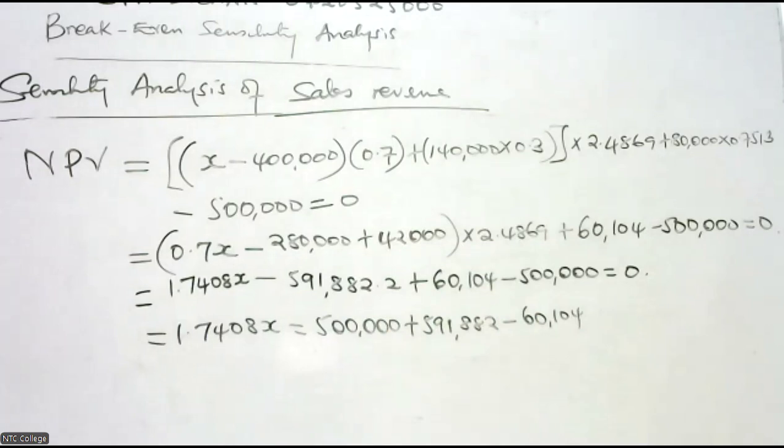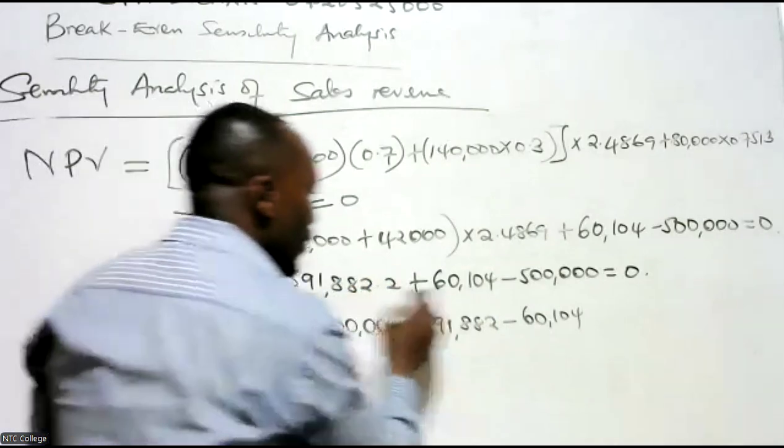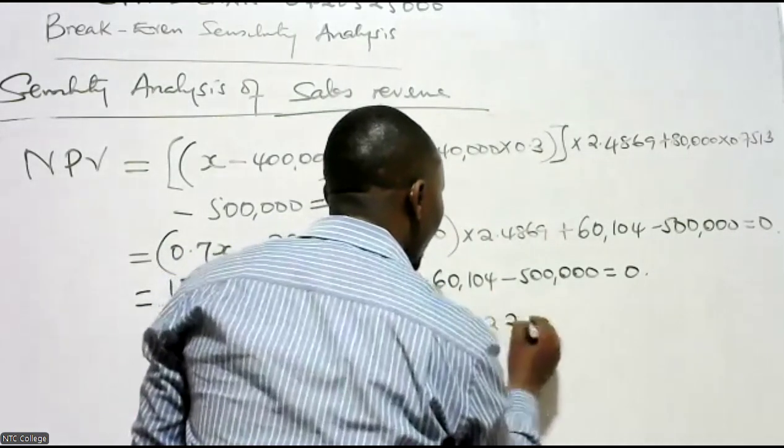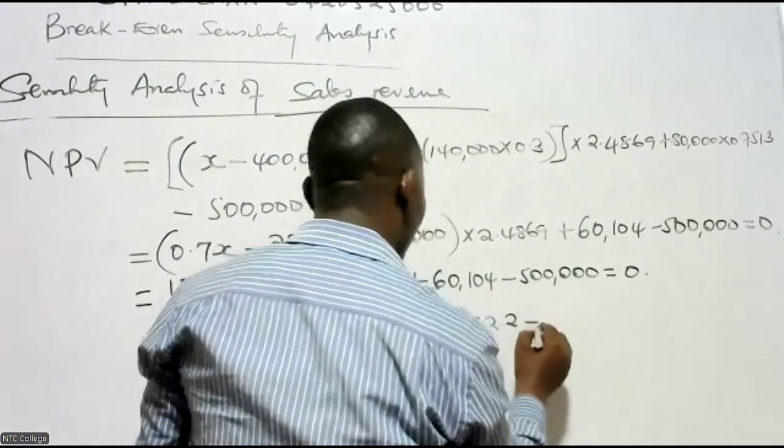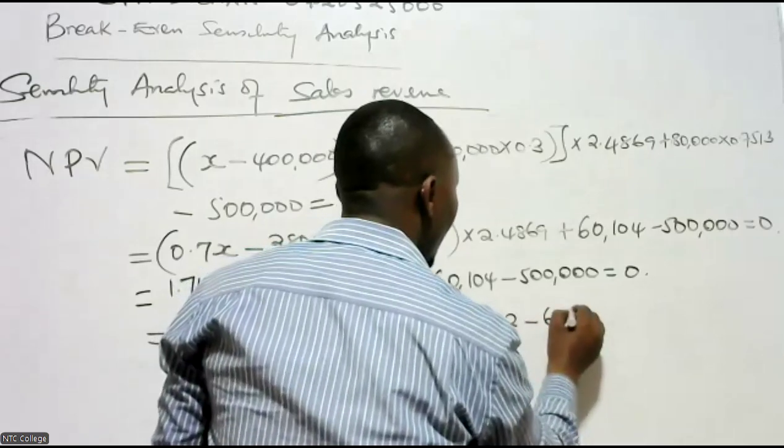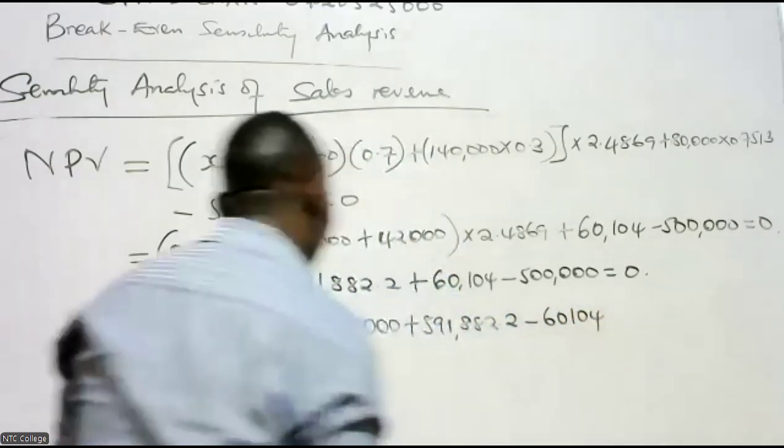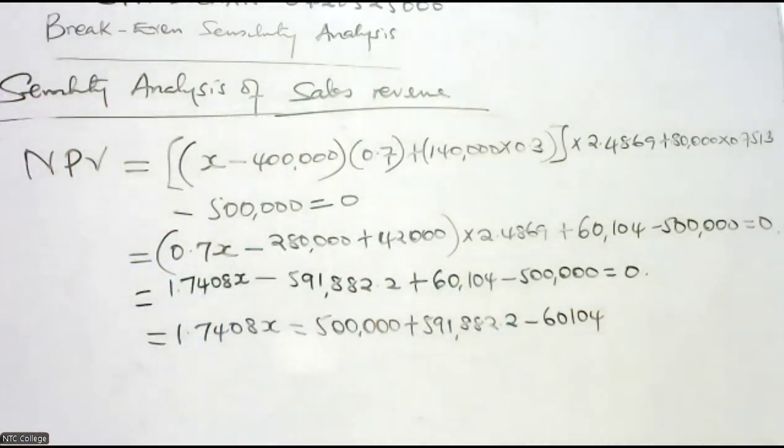So we can now have 591,882.2. I don't leave it even if it is a decimal. So minus now 60,104, then plus 500,000. Then the answer minus 60,104.